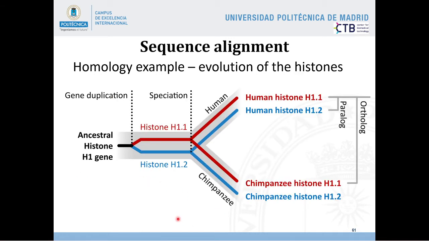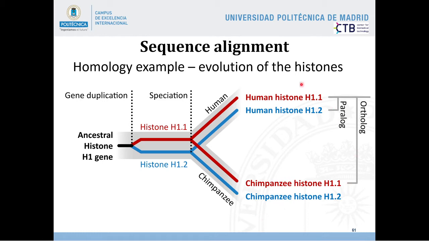Here you can see it better with the histones. We have an ancestral histone that has been duplicated into histone 1.1 and another histone that is 1.2. Then we have an event of speciation that leads us to four histones: H1.1 in humans and 1.1 in chimpanzees, and then 1.2 in humans and 1.2 in chimpanzees.